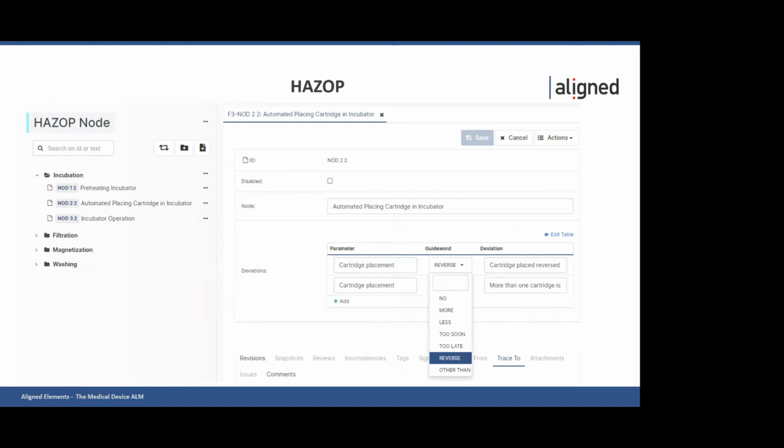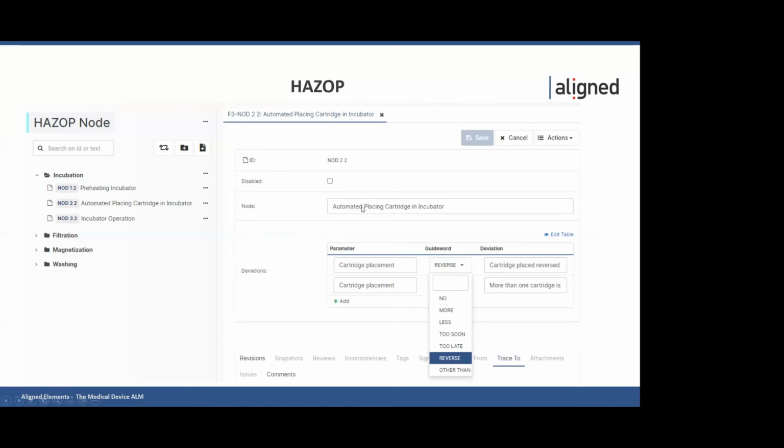The output of that process is then maybe incubated or filtrated or magnetized or washed or read or mixed or diluted or whatnot.